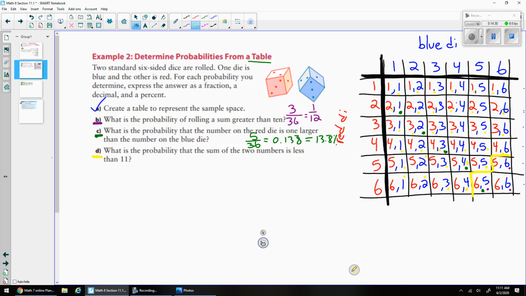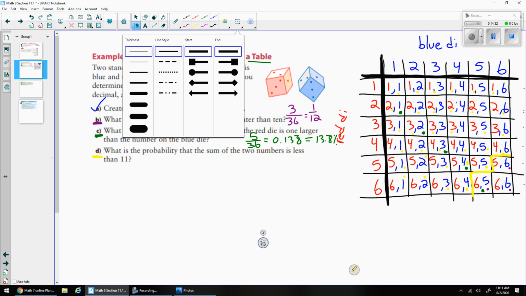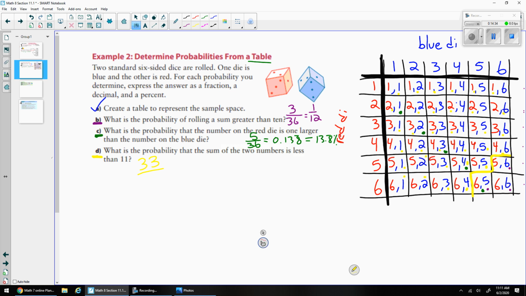And so I have 33 out of 36 are favorable, where the probability of the sum less than 11 is 33 out of 36.